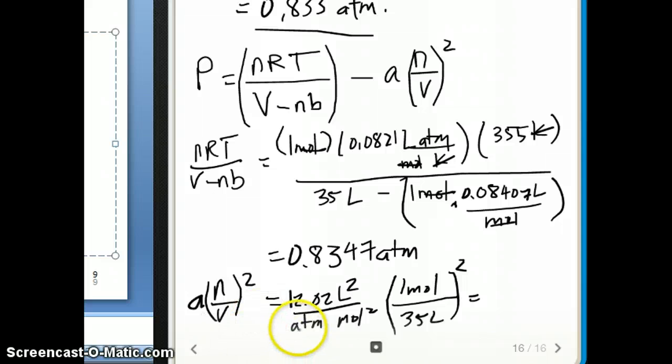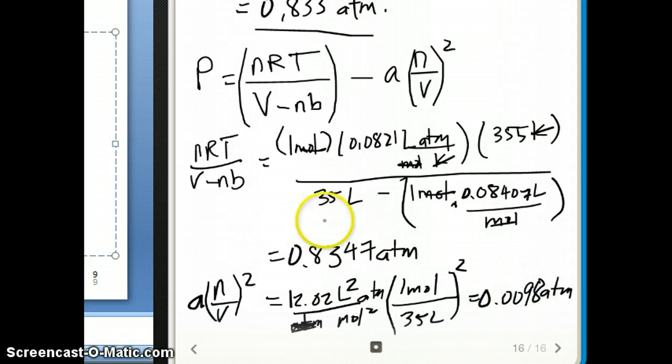And I made a mistake here when copying. The atmosphere here should be at the top. Okay, so liter squared atmosphere per mole squared. Okay, so then your unit is just atmosphere in your answer, and I'm going to calculate this in my calculator, and what you find is that the answer is 9.81 times 10 to the minus 3, or another way to write it in decimal terms would just be 0.0098 atmosphere.